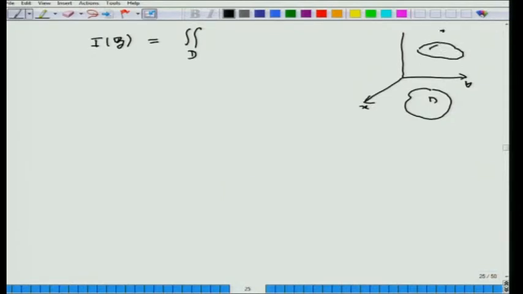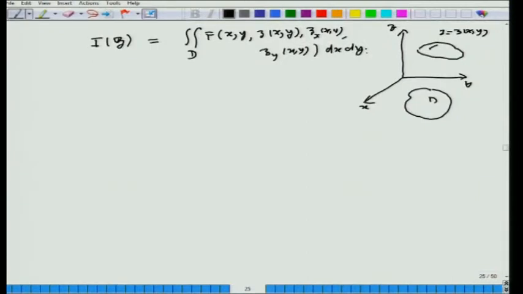So, this is z as a function of x y, and the functional I of z is the integral of F of x, y, z, z x of x y, and z y of x y, d x d y.